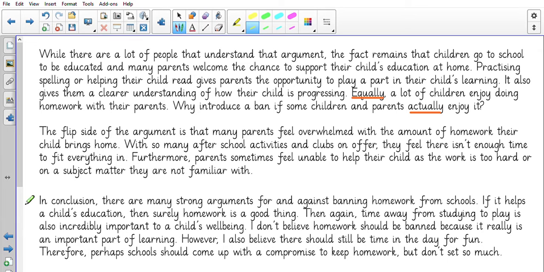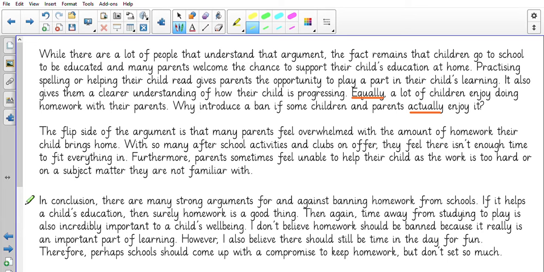Why introduce a ban if some parents and children actually enjoy it? The flip side of the argument is that many parents feel overwhelmed with the amount of homework their child brings home. With so many after-school activities and clubs on offer, they feel there isn't enough time to fit everything in. Furthermore, parents sometimes feel unable to help their child as the work is too hard or on a subject matter they are not familiar with.